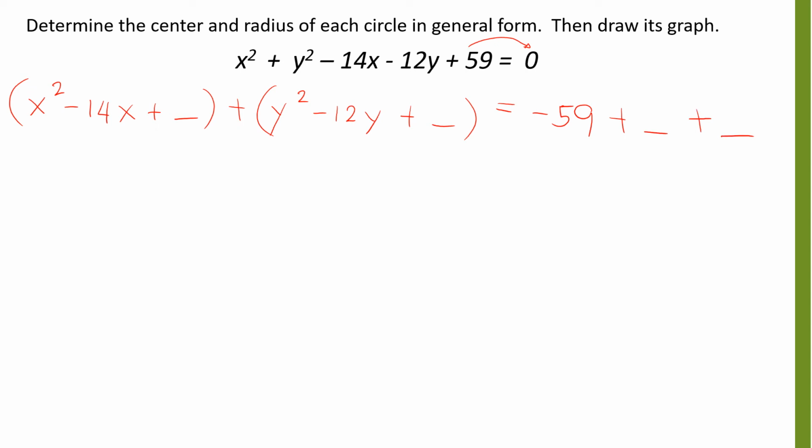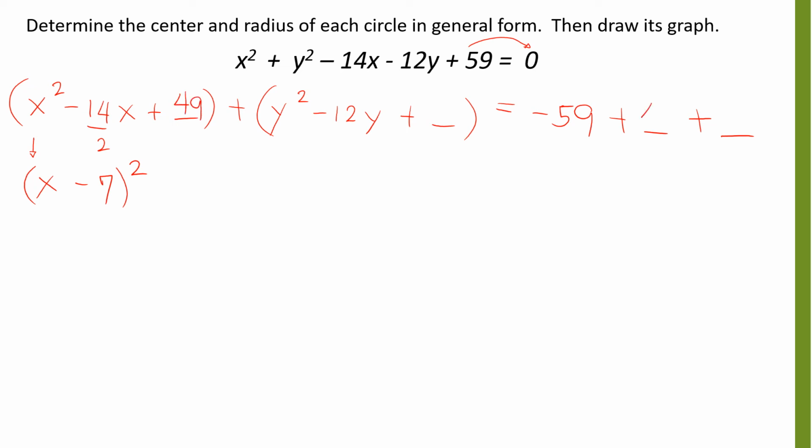Again, make these two terms a perfect square trinomial. So divide this by 2. Negative 14 divided by 2 is negative 7, and the square root of x squared is x. Put a parenthesis, then raise it to the second power. 7 squared is 49.